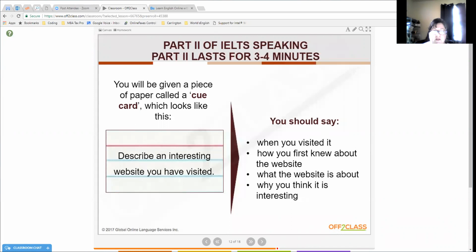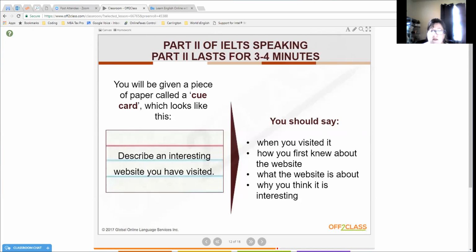And this particular question says, describe an interesting website you have visited. So this is going to be very important, and you'll learn these as you go through the Part 2 lesson. You'll learn about the template, but this is an example of the template you should follow.